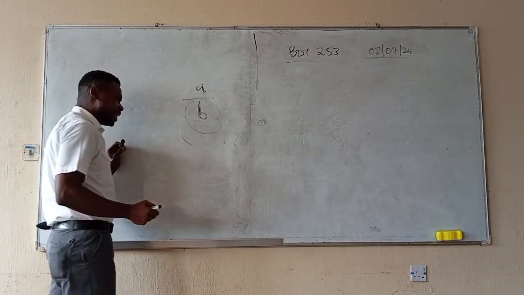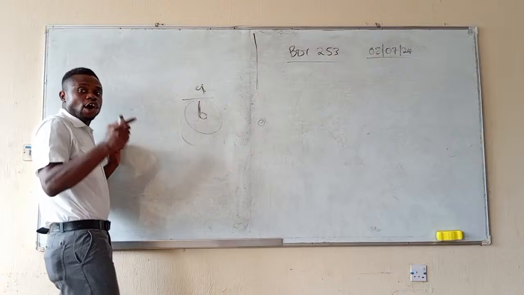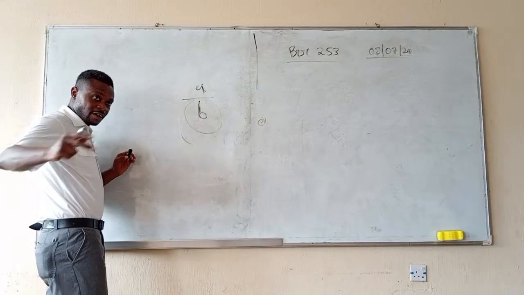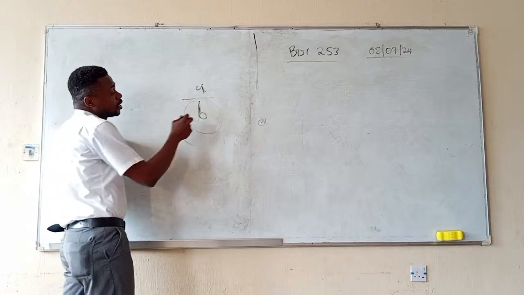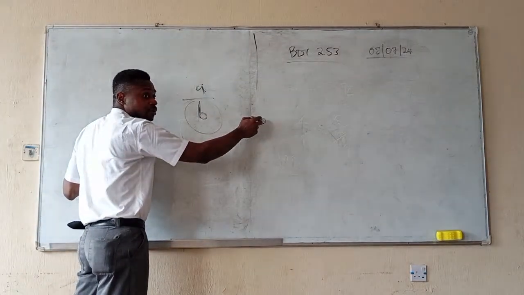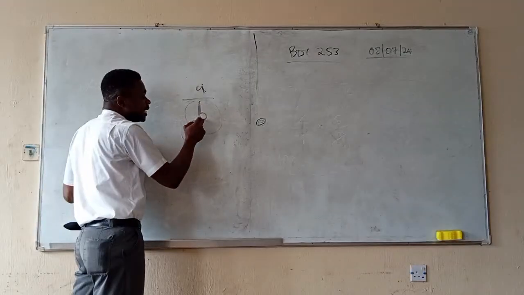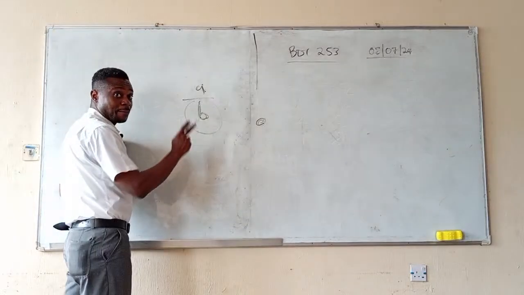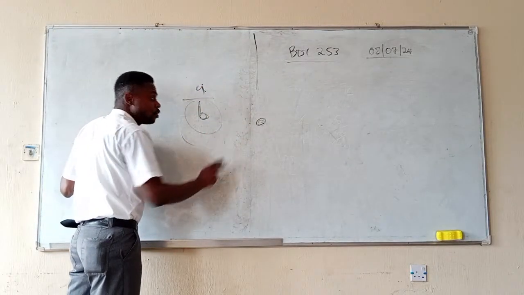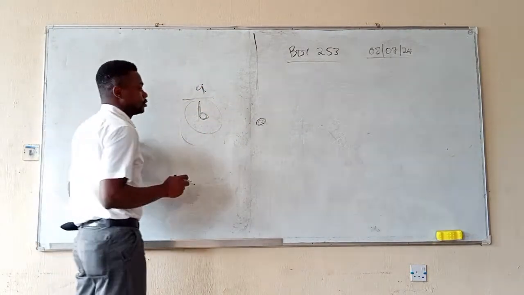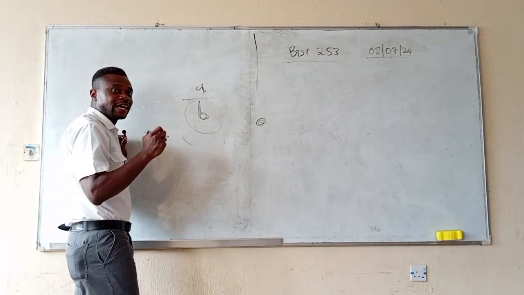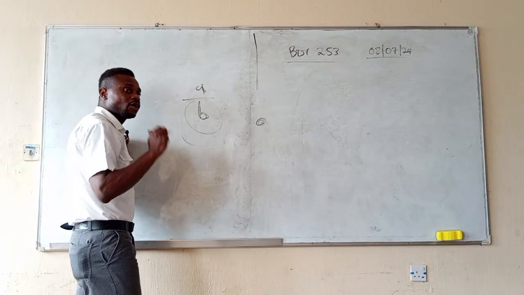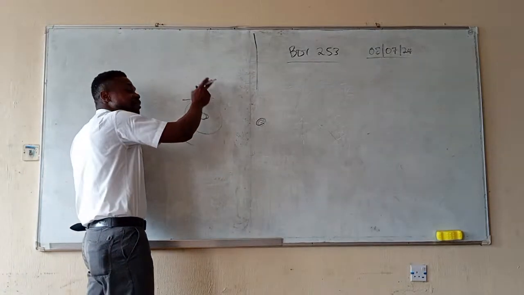Now let's break them into two. For a common fraction, apart from not being zero, the denominator can be any number.